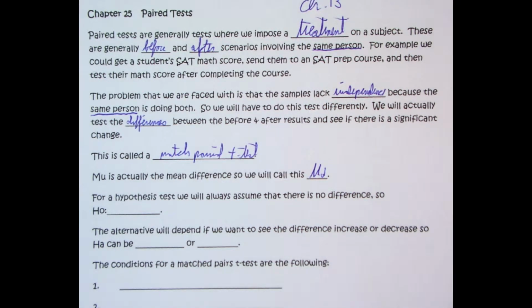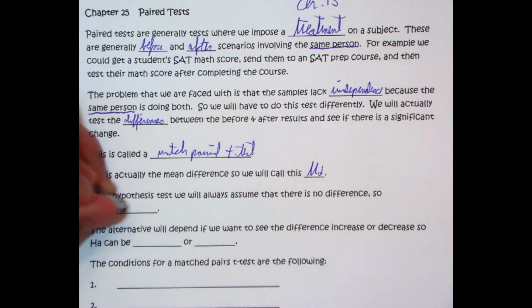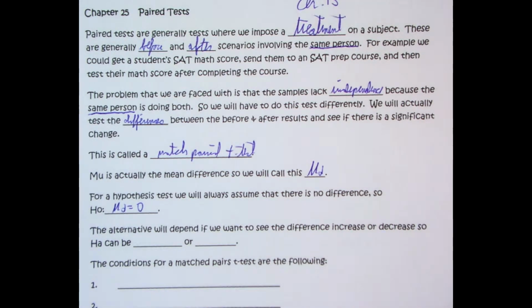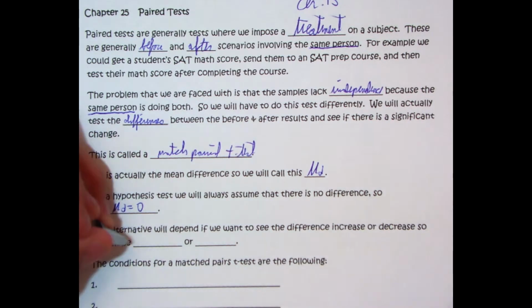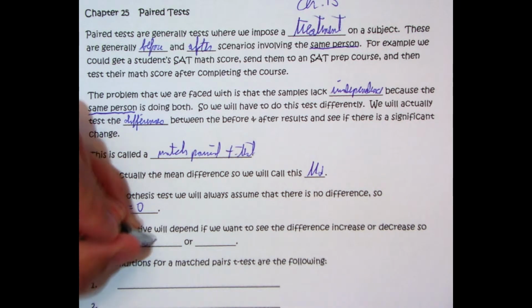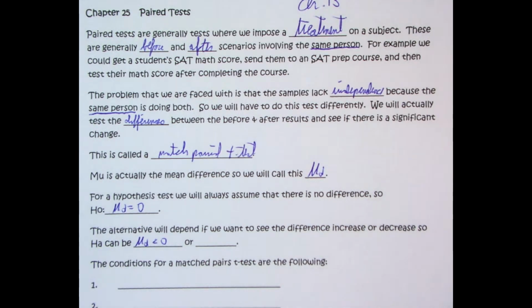For a hypothesis test, we will always assume that there is no difference. So H sub O will be mu sub d equals 0. The alternative will depend on whether we want to see the difference increase or decrease. So H sub A can be mu sub d is less than 0. Why would mu sub d be less than 0? Well, very simple.